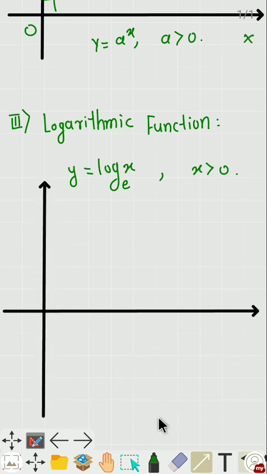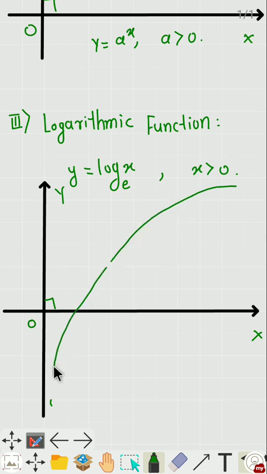This is the graph of y is equal to log of x to the base e, where the crossing point is 1, so log of 1 to the base e is 0.